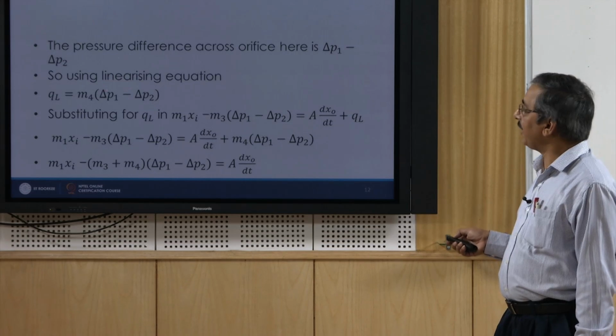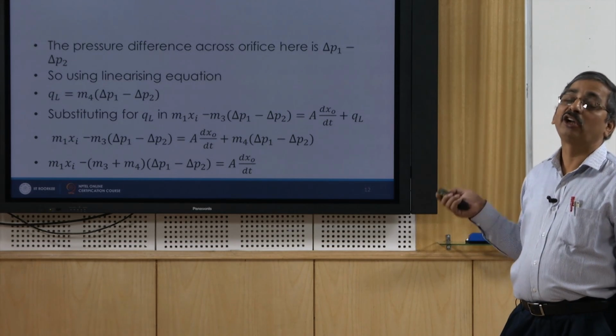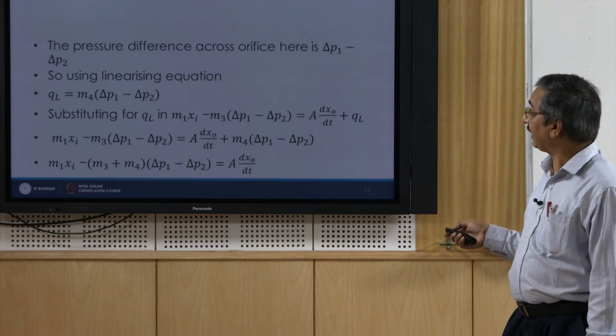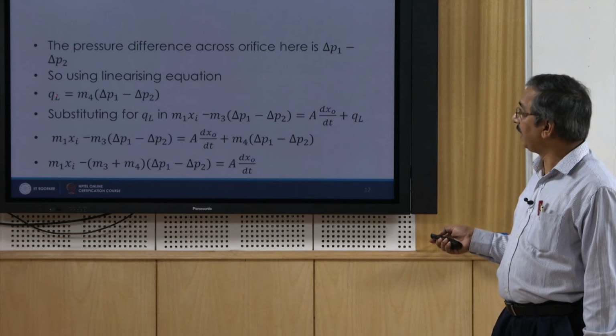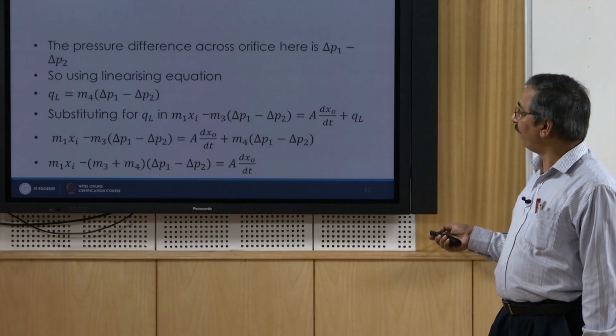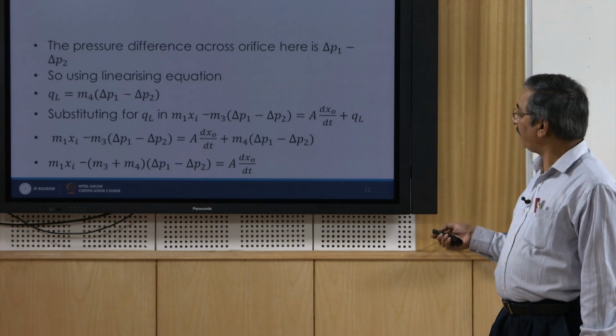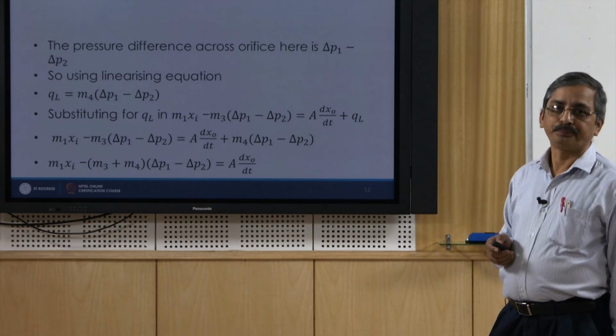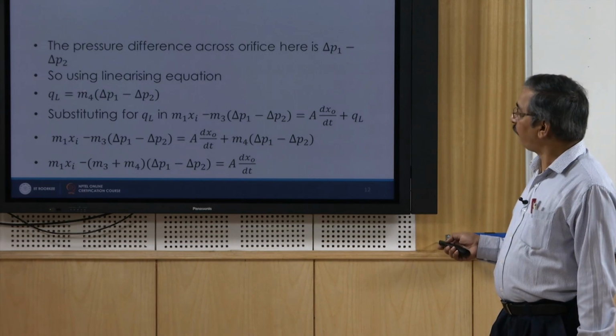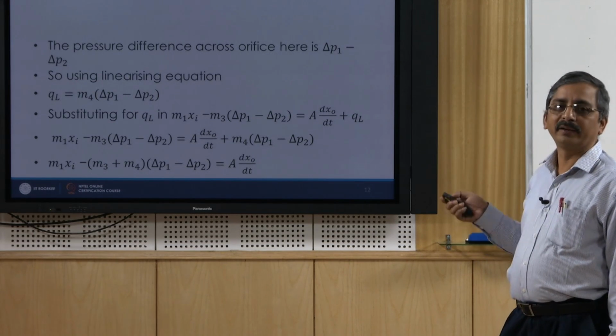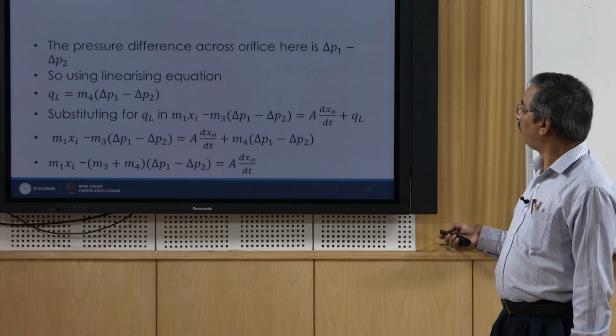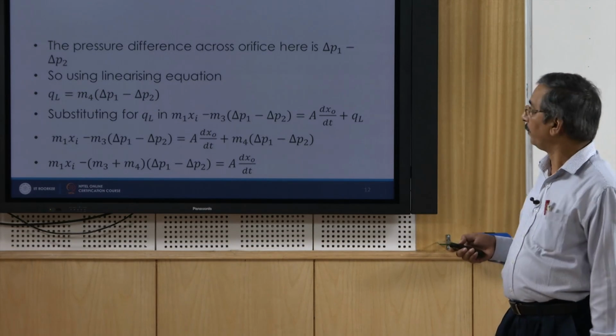If we linearize the equation for the constant cross section area case, then the leakage QL will be M4 into (delta P1 minus delta P2), where M4 is again the slope of the graph of QL versus delta P1 minus delta P2.